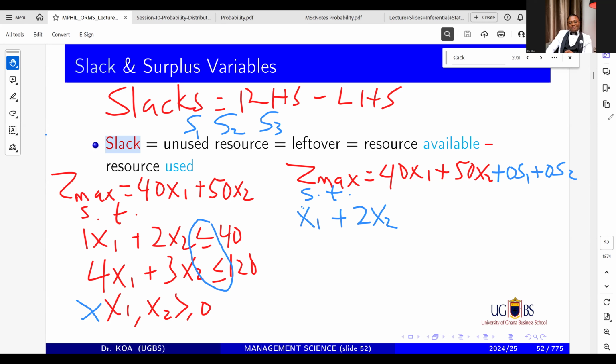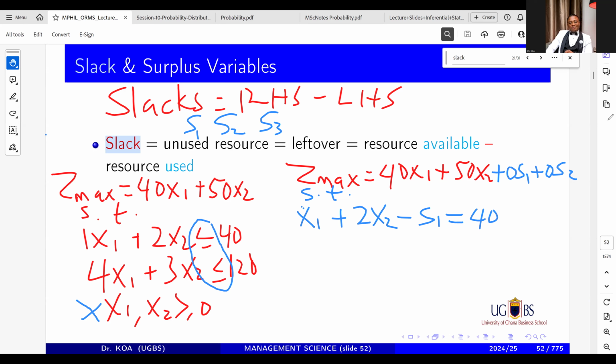If the symbol is less than or equal to, you do minus S1. S1 because the first constraint will have S1 slacks. The second constraint will have S2 slack. The third constraint will have S3 slack. The fourth constraint will have S4 slack, and on and on. So you do minus S1 and do equal to the right-hand side of the constraint.